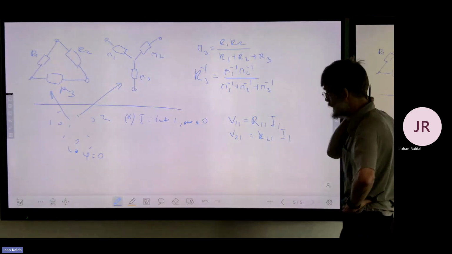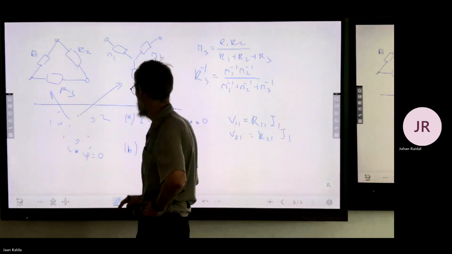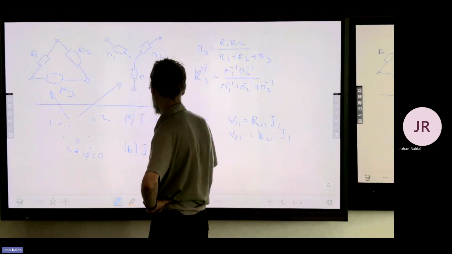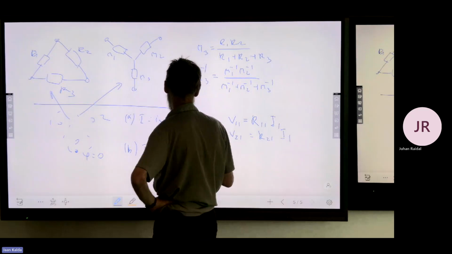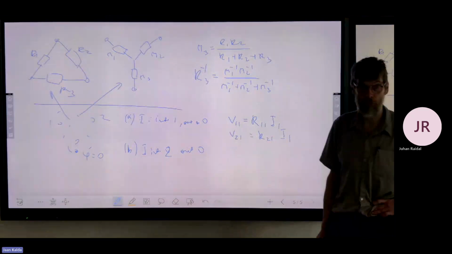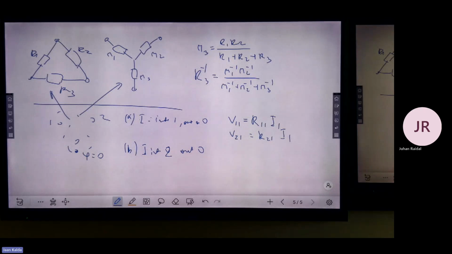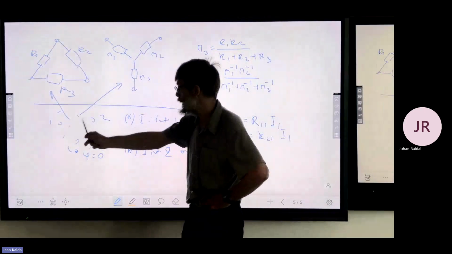And then the next case is when I let I into 2 and out of 0. All the other combinations can be represented as a superposition of those two, because another possibility is that I let in current into 1 and take it out of 2.